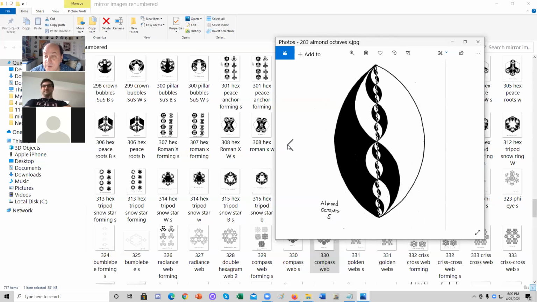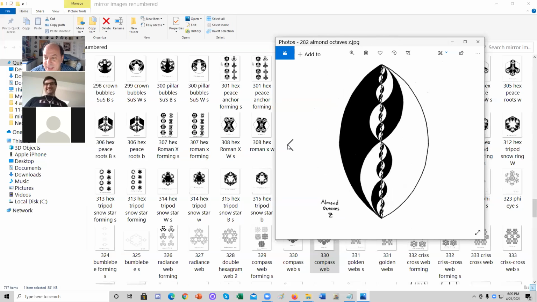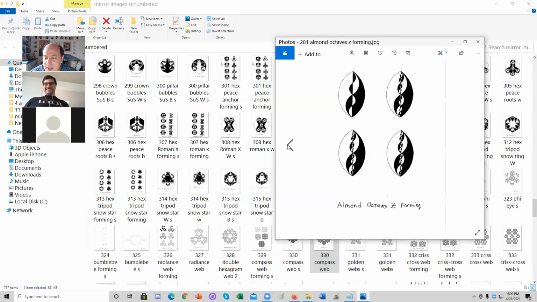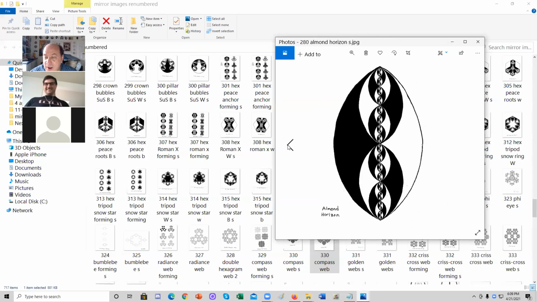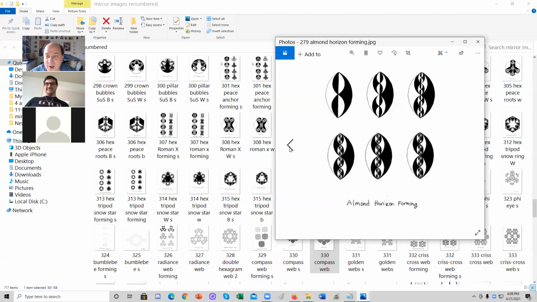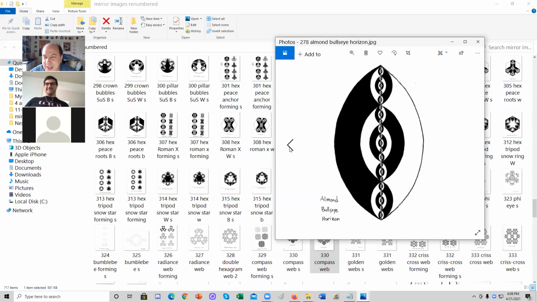And here again, octaves. This is really chocolate almond. There you go. And here's Horizon. This is always sort of like a standard one, very square, in my opinion. But sure, why not?